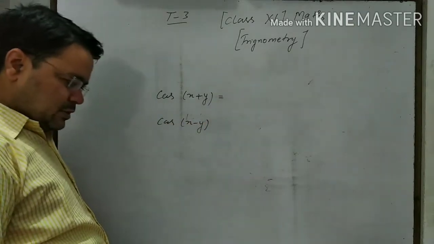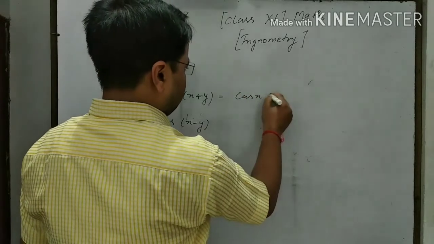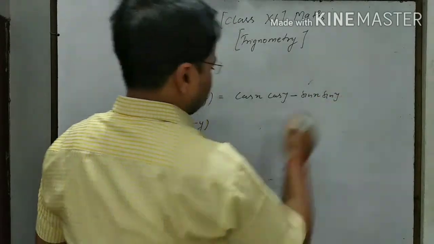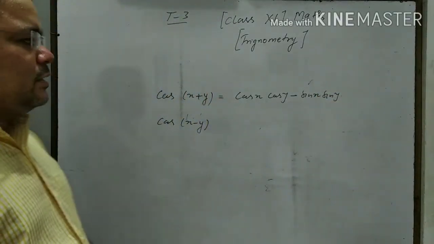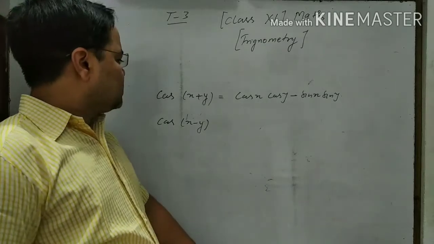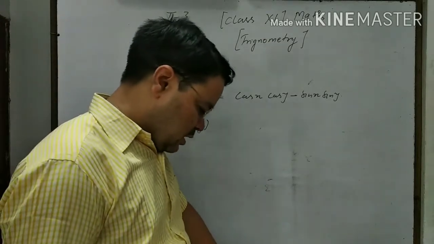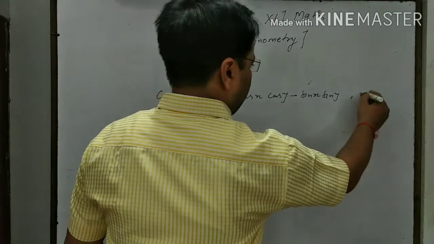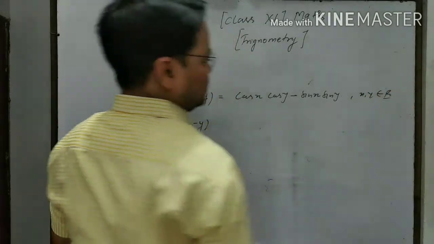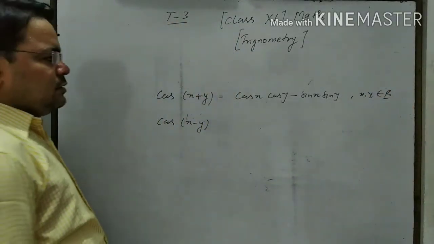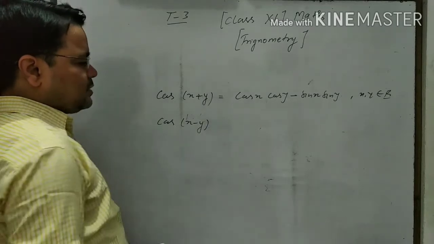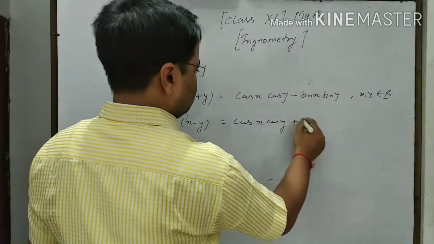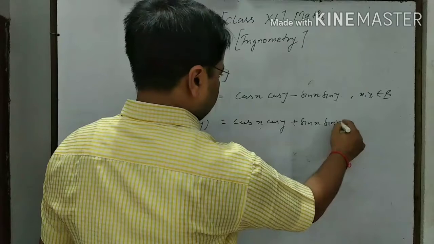Cos(x plus y) is equal to cos x cos y minus sin x sin y. Okay, here you should learn it. Here x and y belong to the real numbers. Real number means any value of angle. Okay, cos(x minus y), similarly it will be cos x cos y plus sin x sin y.